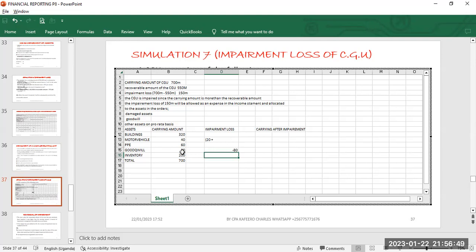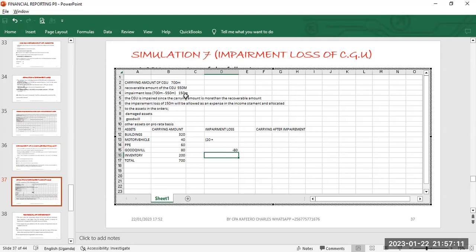If this goodwill was maybe 180 million, it means after deducting this 20 million, what remains is what we use to offset this.